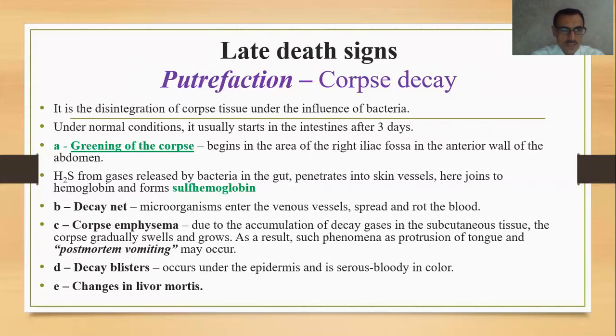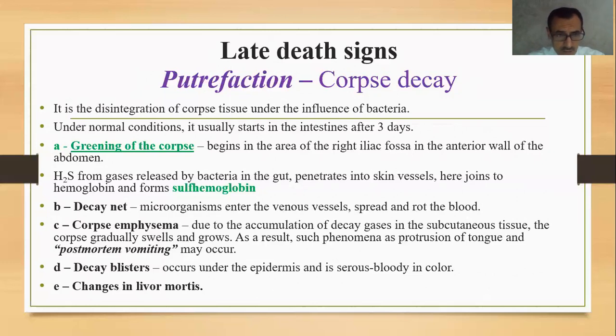Then corpse emphysema. Due to the accumulation of decay gases in the subcutaneous tissue, the corpse gradually swells and grows. As a result, such phenomena as protrusion of tongue and post-mortem vomiting may occur.